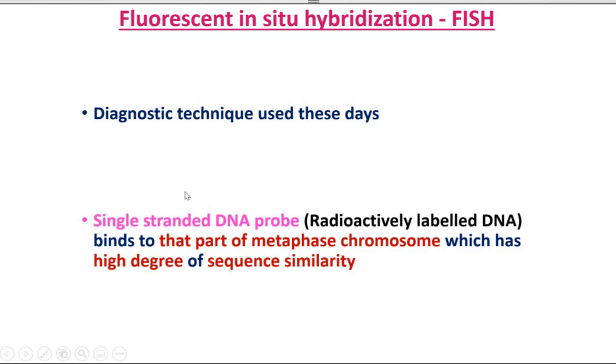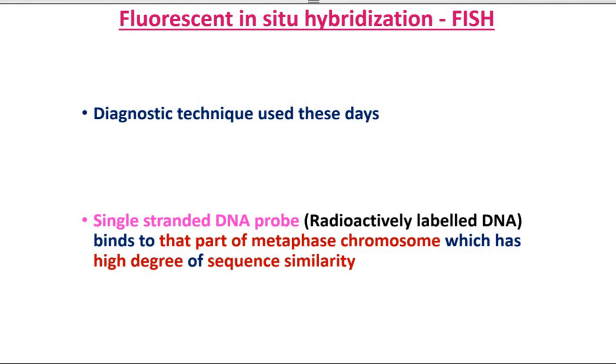Over here, what happens is that you take a DNA probe, that is a radioactively labeled DNA, and this probe is going to hybridize or bind to the metaphase chromosome of the person wherever its sequence is more or less similar. So that is FISH, in situ hybridization.